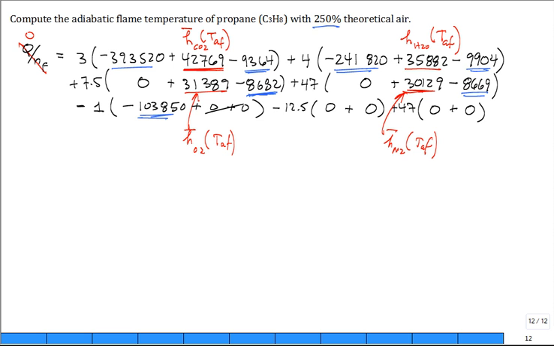So you start to increase the adiabatic flame temperature. And for this problem, the adiabatic flame temperature can be computed for propane with 250% theoretical air to be around 1300. I think the adiabatic flame temperature was around 1303 Kelvin.